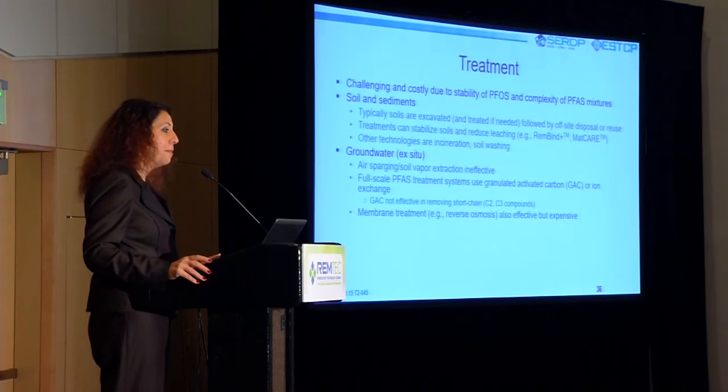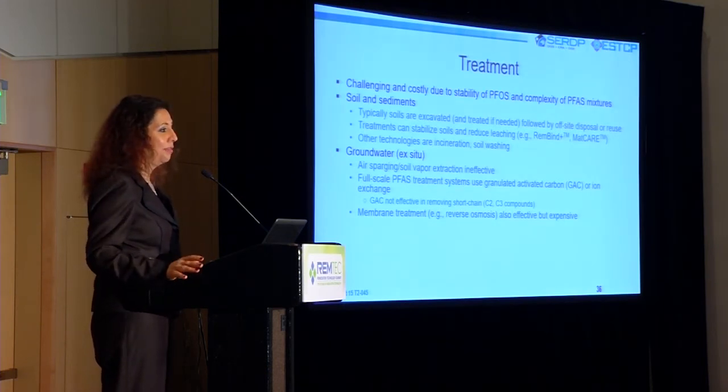In terms of treatment, what makes treatment challenging is the stability of the PFAS molecule. The carbon-fluorine bond is one of the strongest bonds in nature. PFAS is a very strong compound that is not very susceptible to both chemical and biological attack.